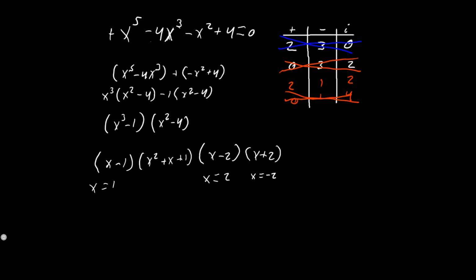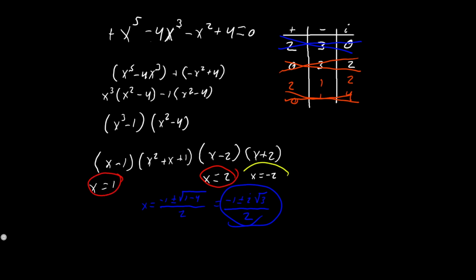Because if we solve for x here, we get x is equal to -1 plus or minus the square root of 1 minus 4 divided by 2. And we have -1 plus or minus i root 3 over 2. So here we end up getting that we have 2 complex and 2 positive and 1 negative.